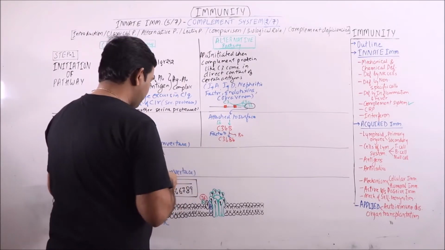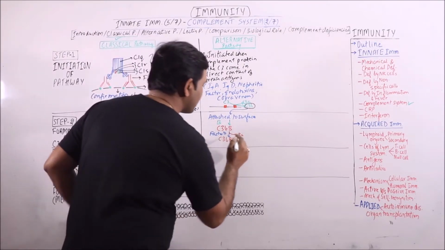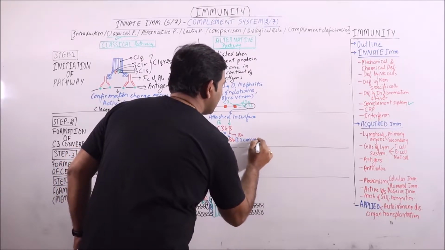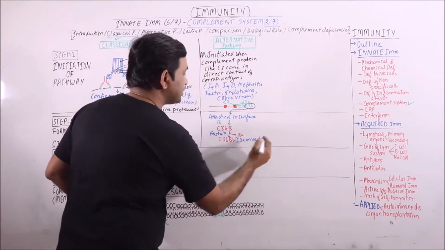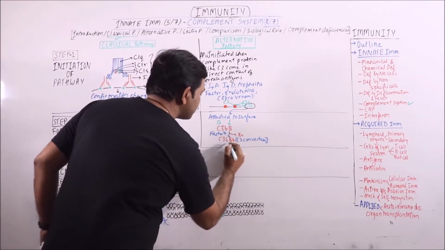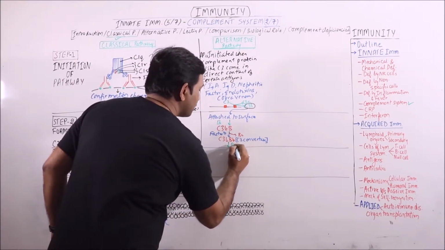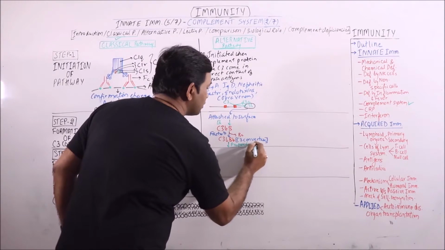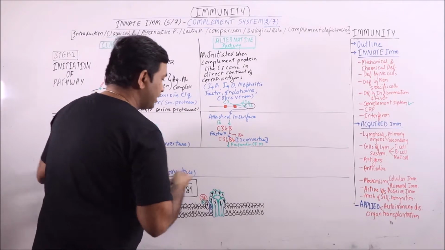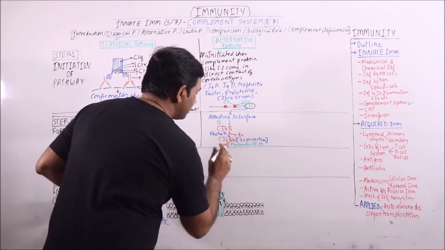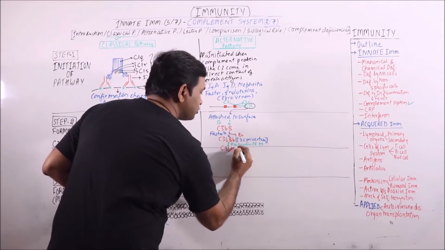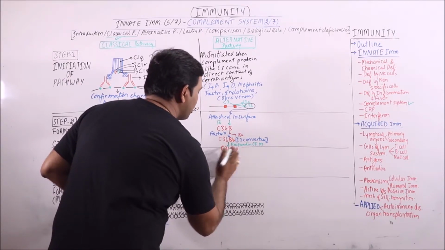This is an unstable complex. It is C3 convertase. This complex is C3 convertase, but it is an unstable complex. So in the presence of properdin, which is also known as factor P, it becomes the C3bBbP complex.